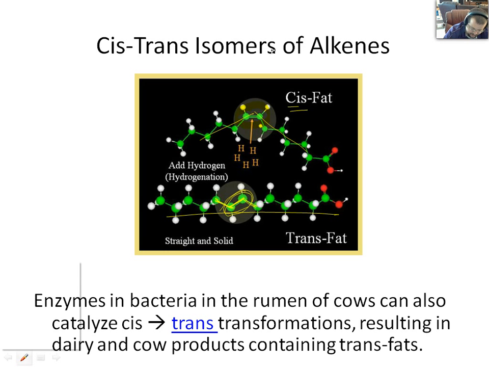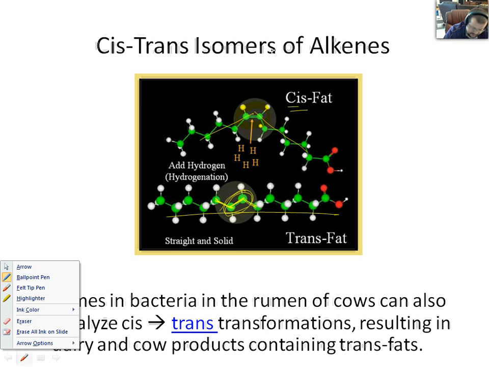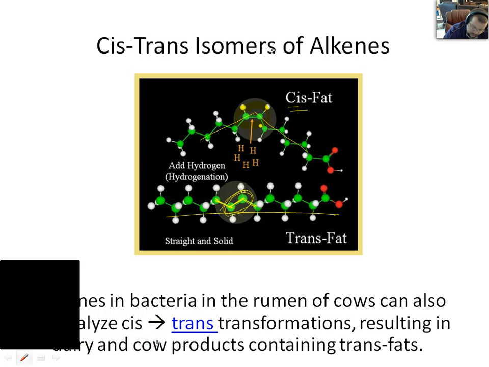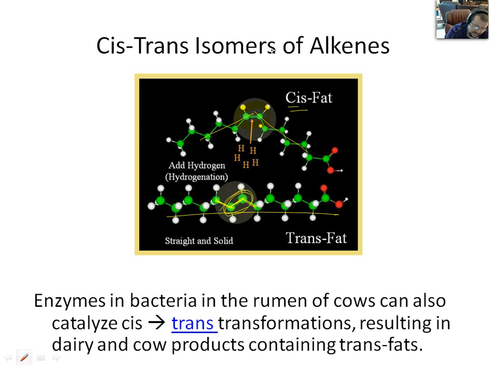Now, the difference in the way that these fats pack makes a difference in the way that our body interacts with them. I want you to think of a bundle of cis fats. Cis fats aren't going to pack very well compared to trans fats.